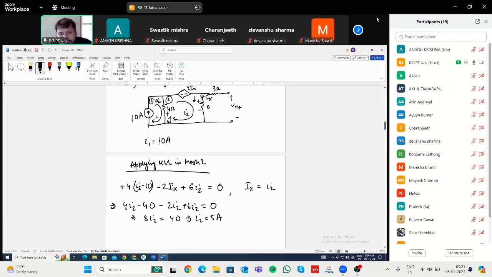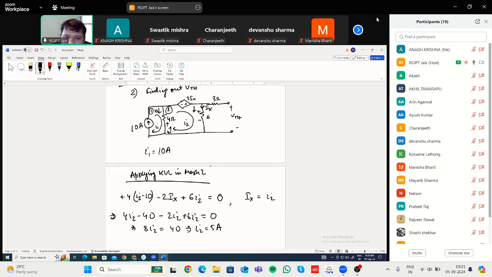If I2 is equal to 5 ampere, then what is the voltage drop across the 6 ohm resistance? Forget about Ix and everything for now. I2 is now 5 ampere, so 5 ampere current is flowing through this 6 ohm resistance.